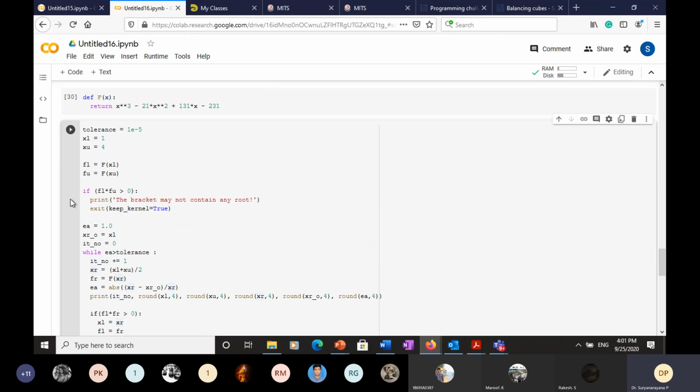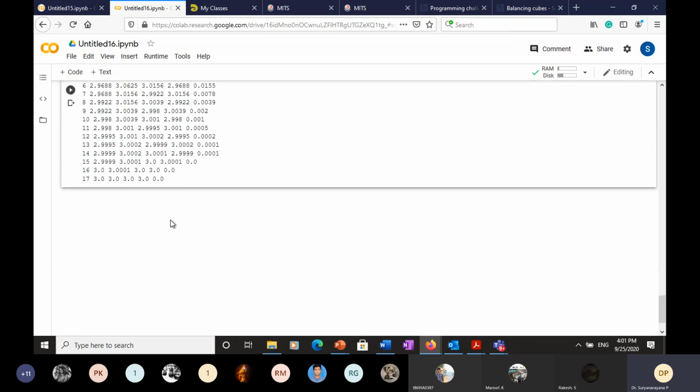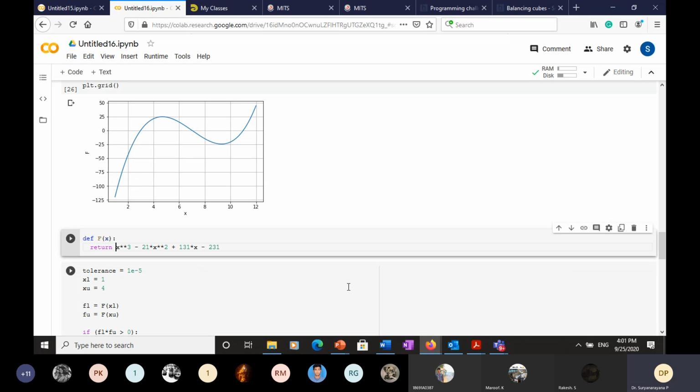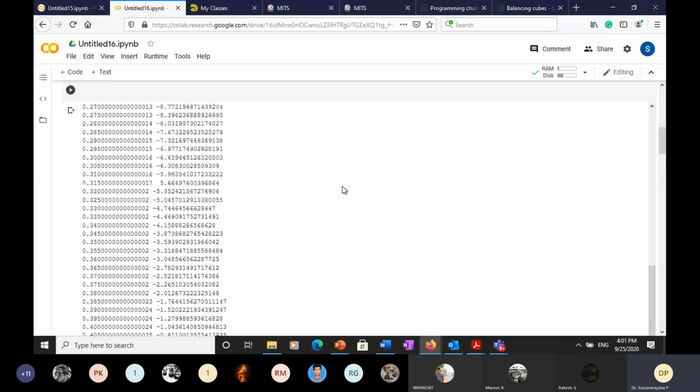If you use it as a function, if the answer is the same, it doesn't change anything. But the benefit is, if you want to solve a different equation, all you have to do is change this function. The main program can stay the same.